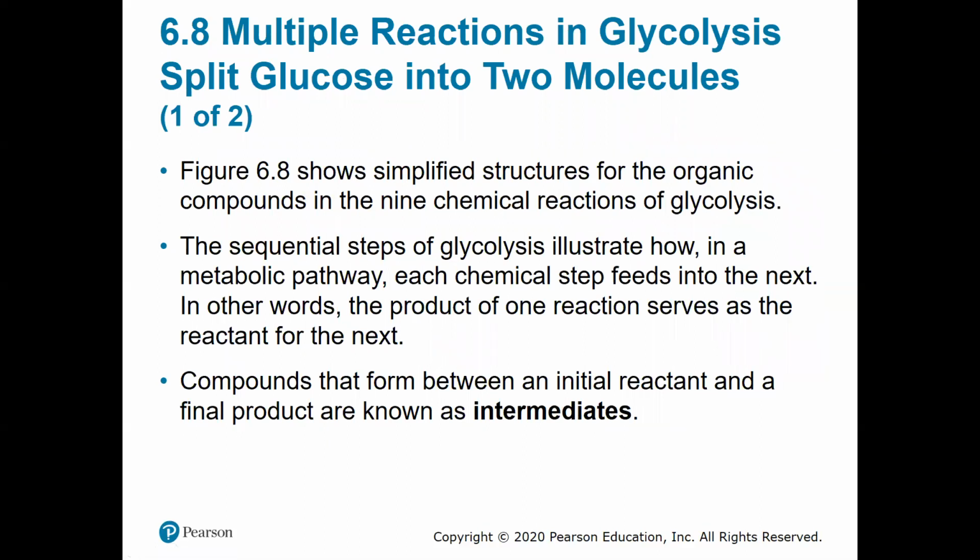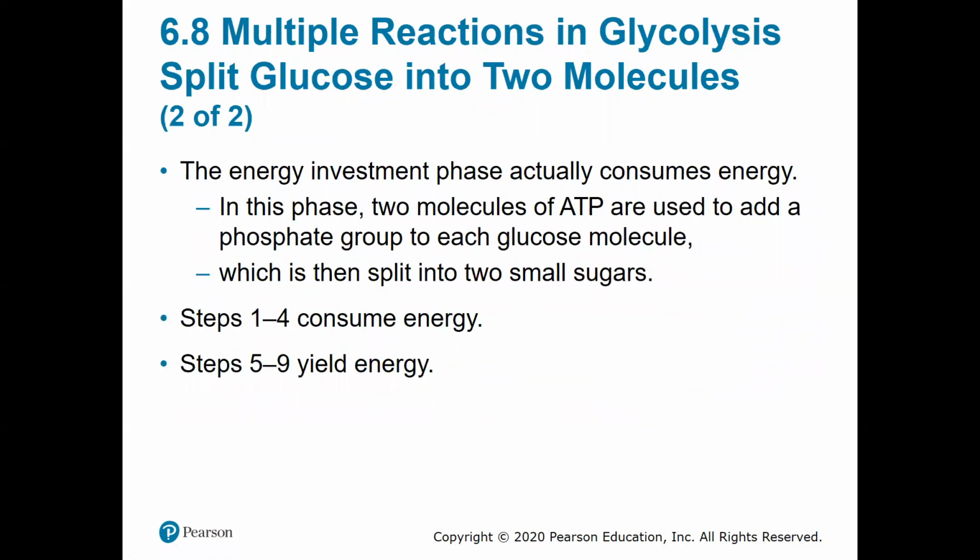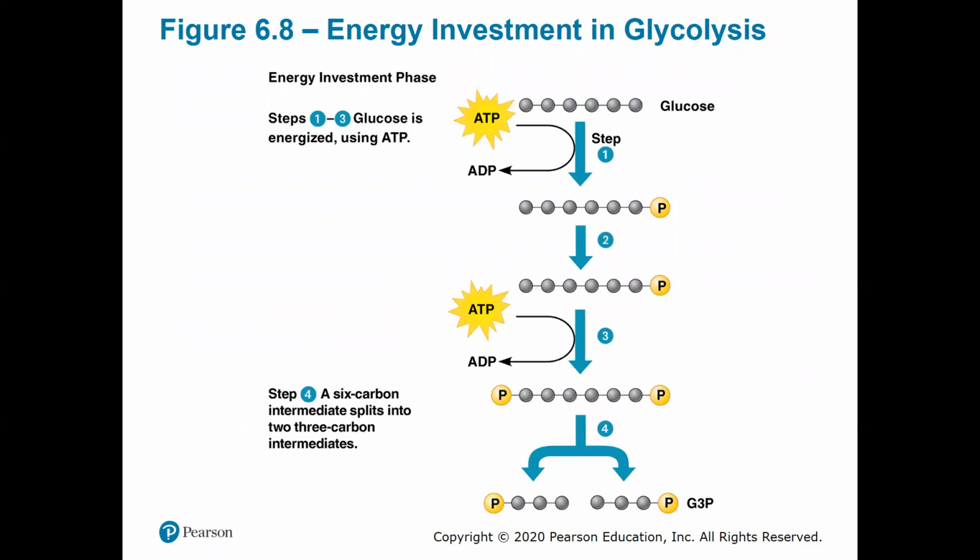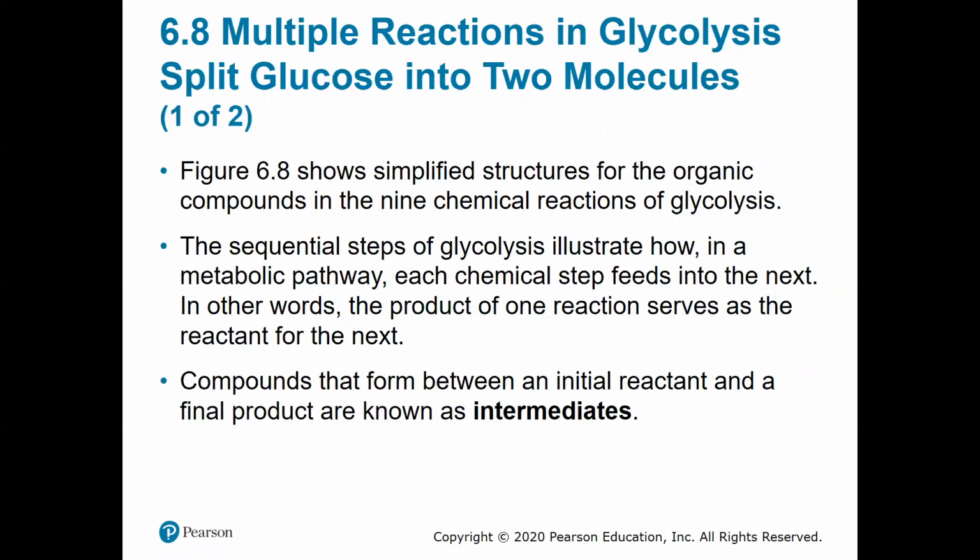There are multiple reactions in glycolysis. Yeah, these are the steps. Multiple reactions, and we're just going to simplify. We're not going to give these names. I just want you guys to know that this occurs.